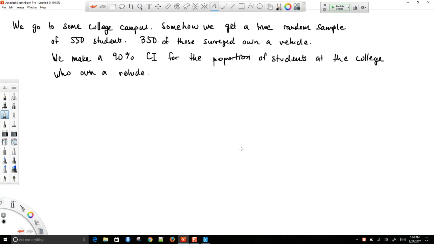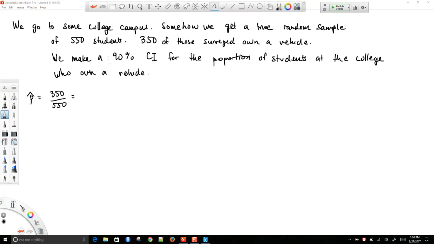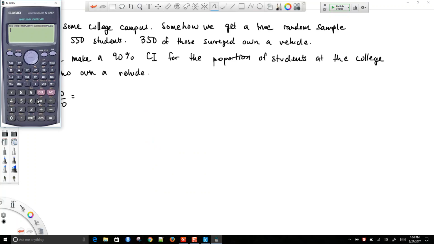Okay, I'll just do this quickly for us. Our p hat here is going to be 350 divided by 550. Let me pull out my calculator. 350 divided by 550 is 0.63636.